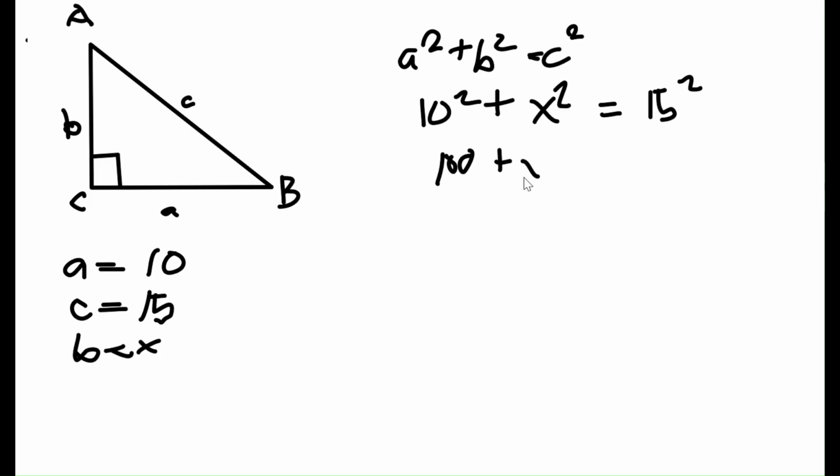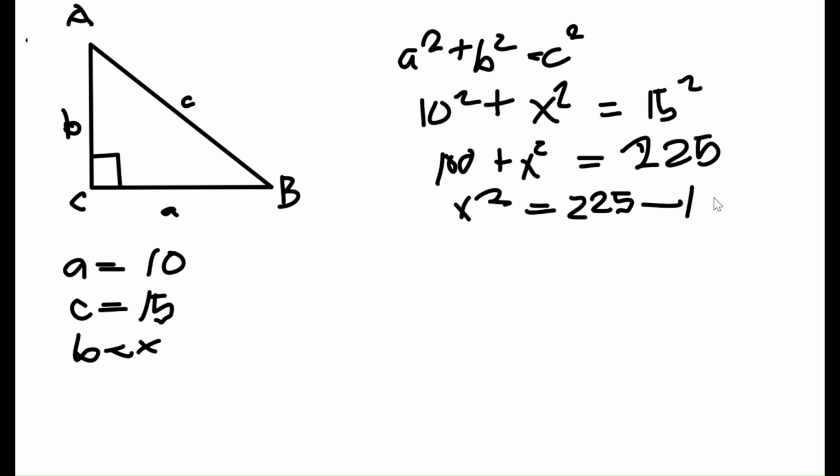This is x squared. 15 times 15 is equal to 225. So combine like terms, move the 100 to the other side, it will become negative. So we have 225 minus 100. So x squared is equal to 125. Since we are only looking for x, we will square root it. So the square root of 125 is 11.18.